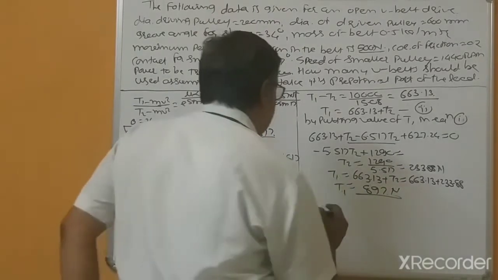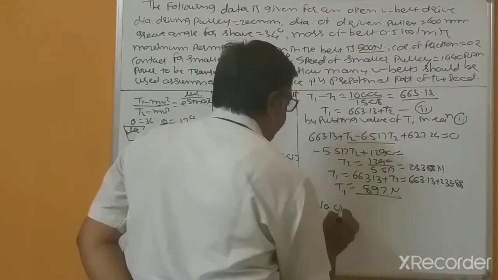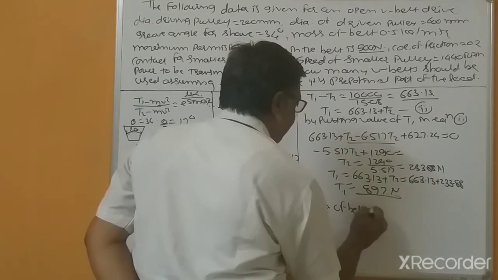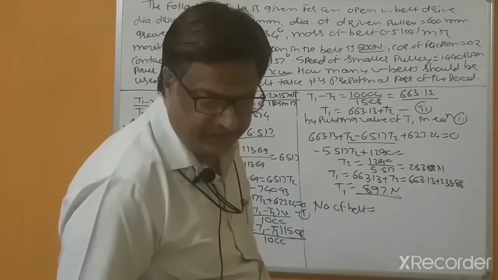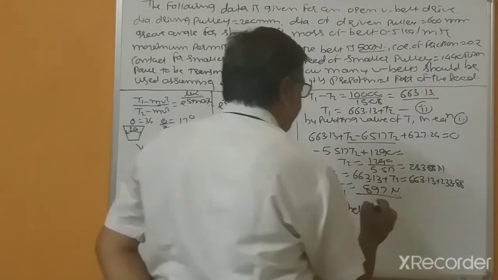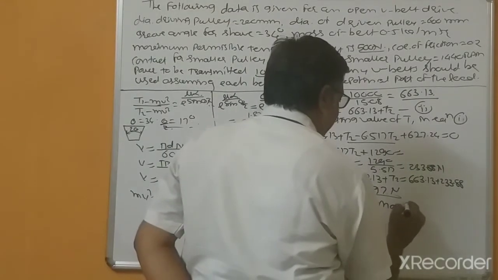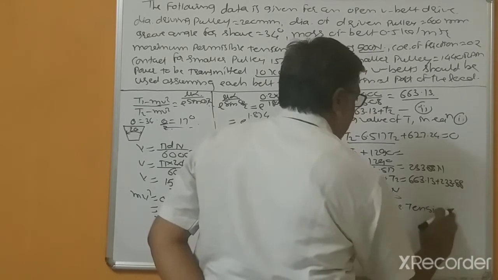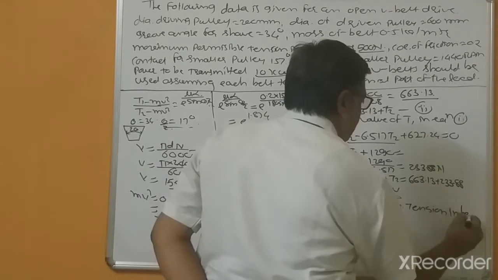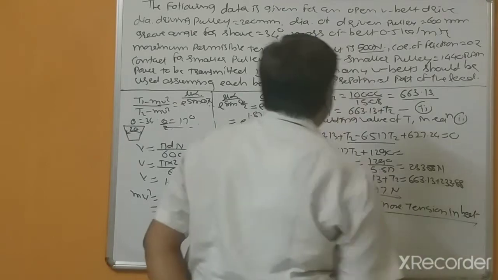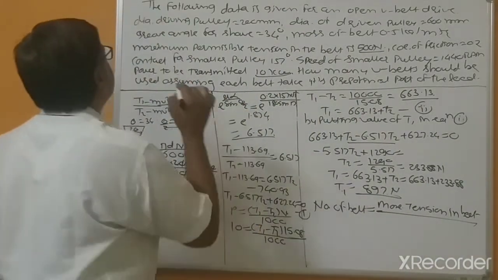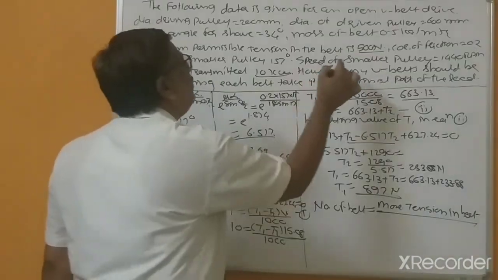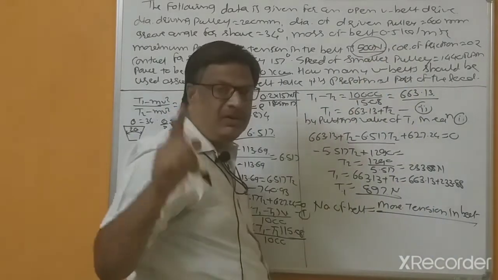So the number of V belts equals maximum tension in the belt divided by permissible tension, because here the permissible tension is given as 500 Newton for a single belt.